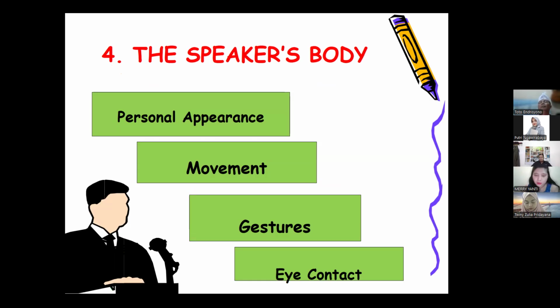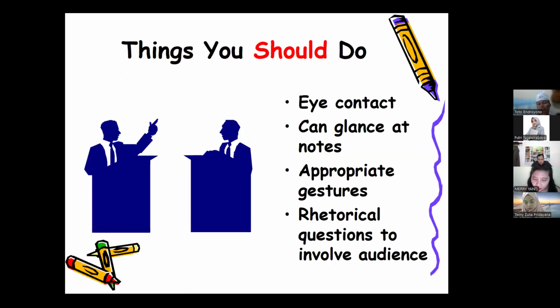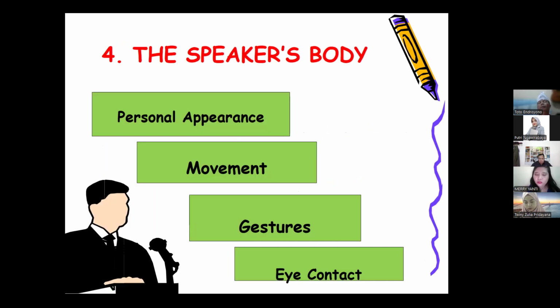Okay, this is the speaker's body. We have personal appearance, movement, gesture, and eye contact. Okay, next. Sorry, it must still be number 4, the speaker's body. Let me explain this part to you one by one.